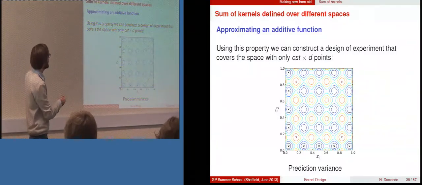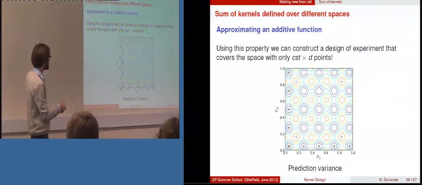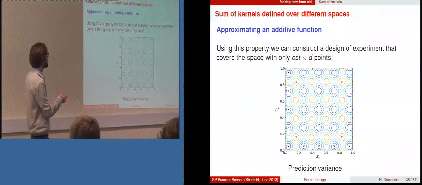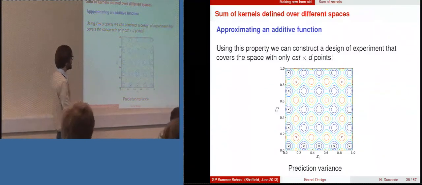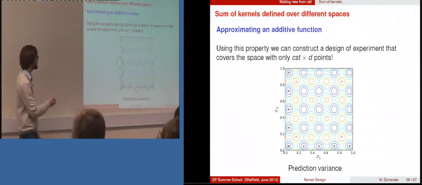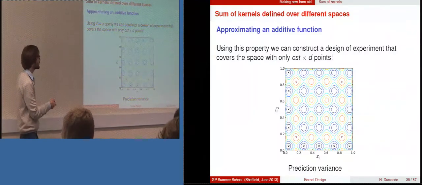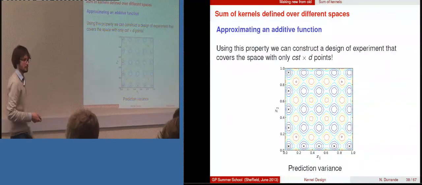Here, for example, I want to approximate a function over [0,1] squared, and I put 1 point here like that, distributed on every axis. The additive assumption I made in the beginning gives directly that I know my function everywhere on the grid.